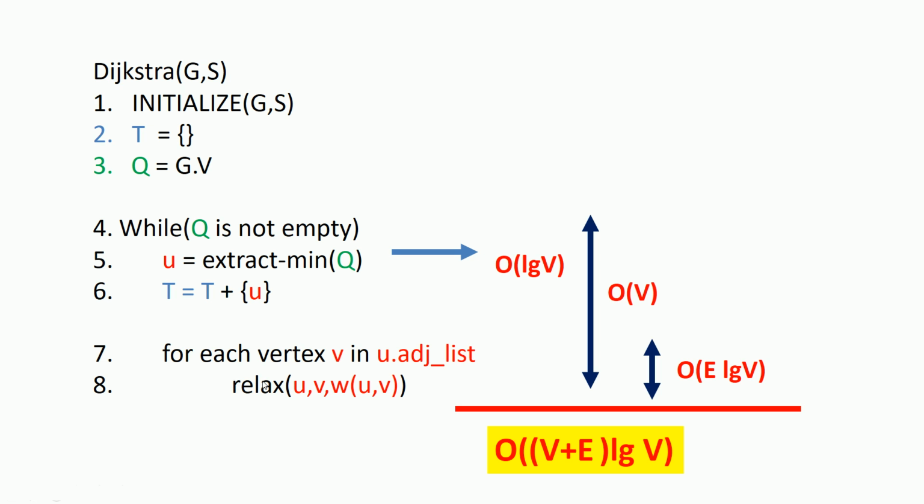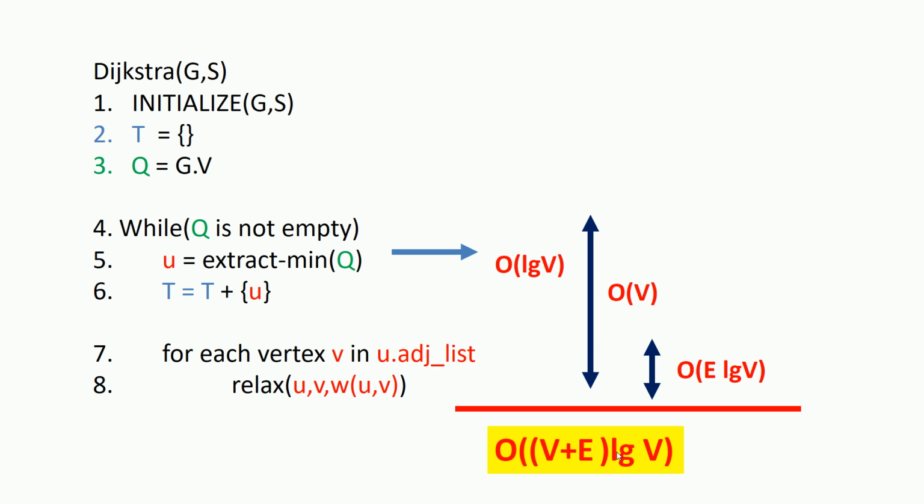This will result in a rearrangement of the tree, which takes log V time. Since this for loop together with the outer while loop will run a number of edges times, the total time complexity for relax function calls will be E log V. So the final time complexity will be (V plus E) log V. Now this is a much more optimized version than the previous linked list implementation, which took V squared time complexity.